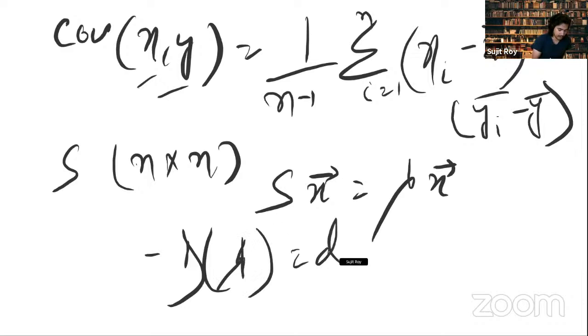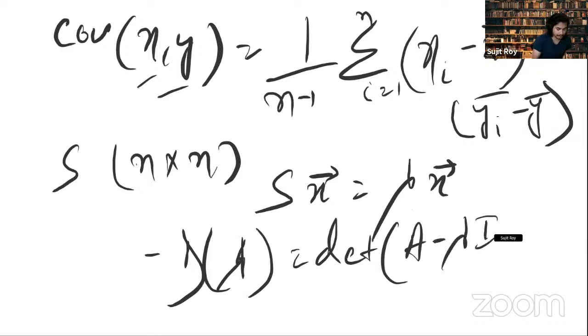The characteristic equation is the determinant of A minus lambda I equals zero. These are very standard formulas, nothing new in it. Let's say that we take a specific matrix A equal to 2, 3, 4, 5.